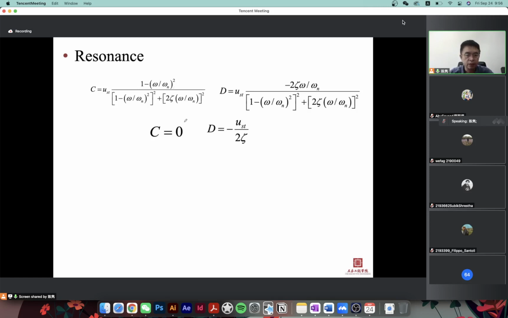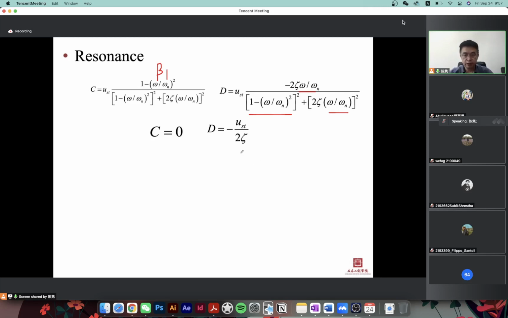And we already know the expressions of C and D. Because now omega equals omega n, this one becomes 1, and C becomes 0. You can simplify this: this one is 0, and this is 1, this is 1. So D becomes this value, minus UST divided by 2 zeta.